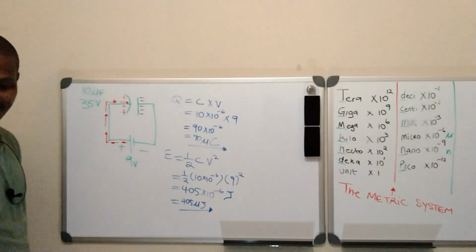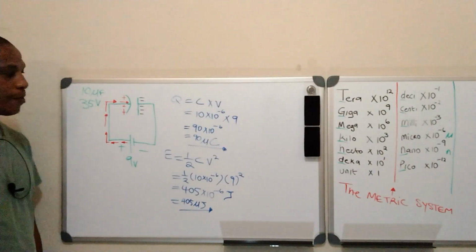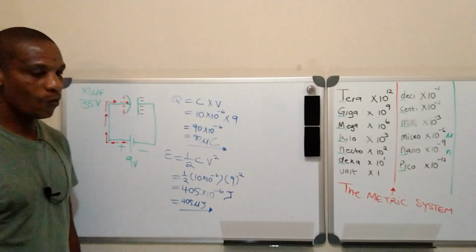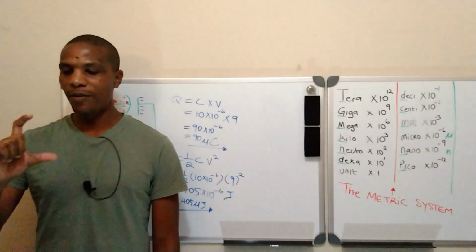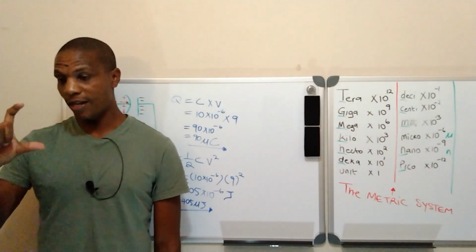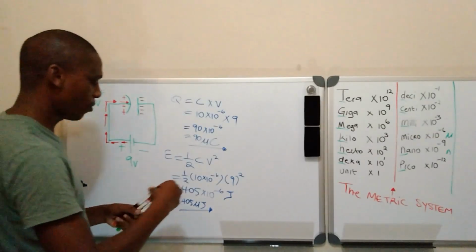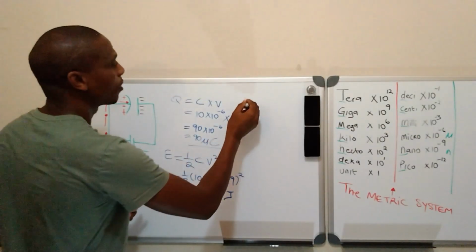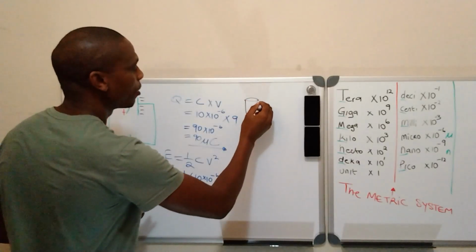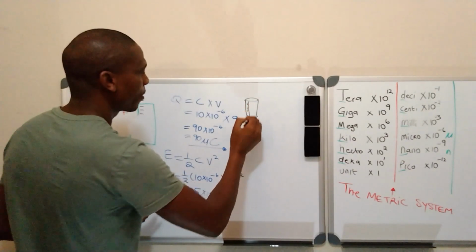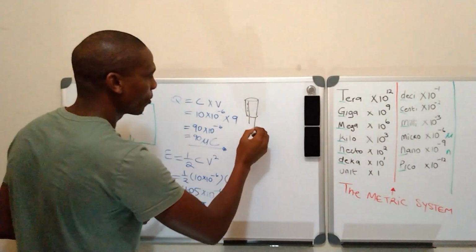Does it make sense? Now, have you ever wondered why the bigger the capacitor in size, the greater the capacitance? Let's say we have a capacitor this big, with a stripe here. The short leg and the long leg.